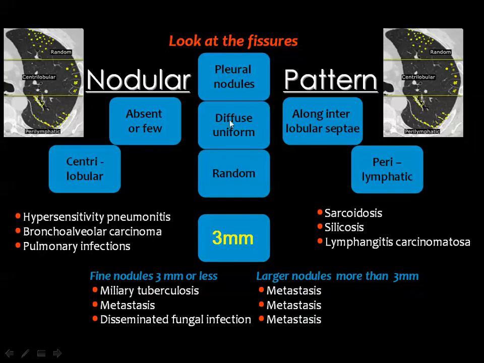Then we came to the random distribution, and if the nodules are randomly distributed throughout the lung, look at the size of the nodules. If the size is 3 millimeter or less, then consider number one, miliary tuberculosis, the possibility of metastasis, and the possibility of fungal infection. But if the nodules are larger than 3 millimeter in size, consider only metastasis.